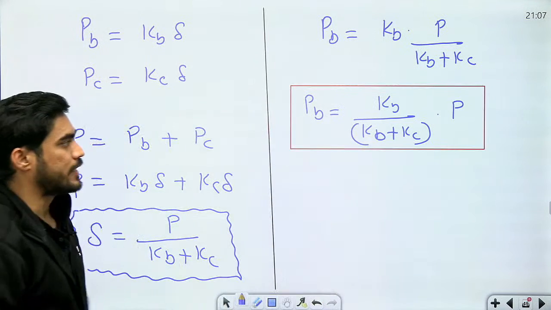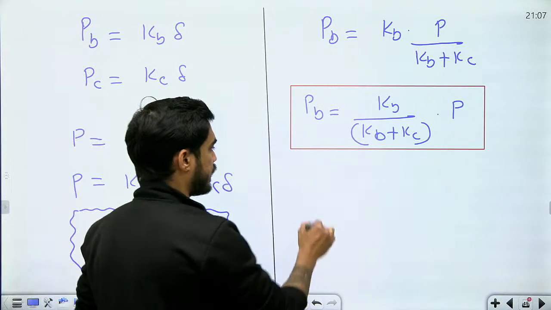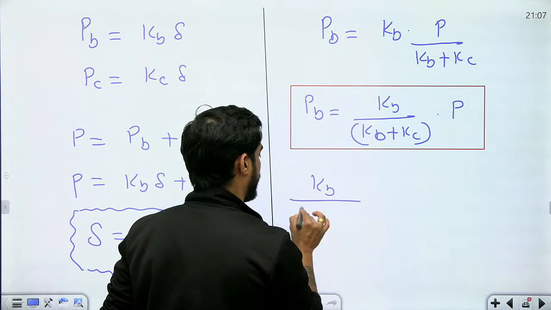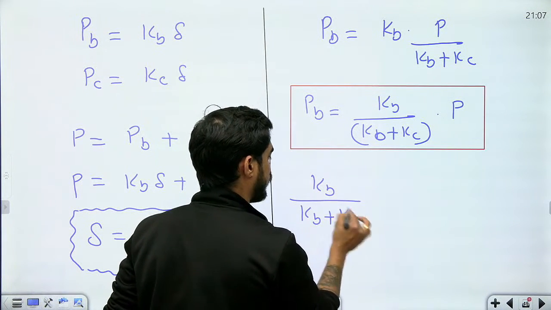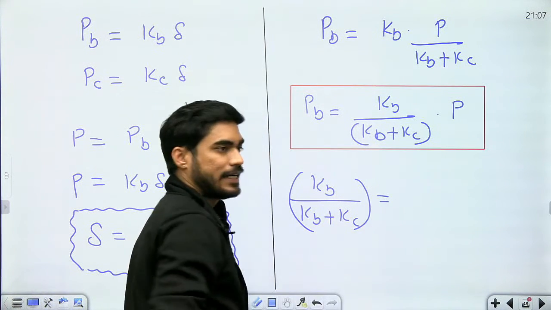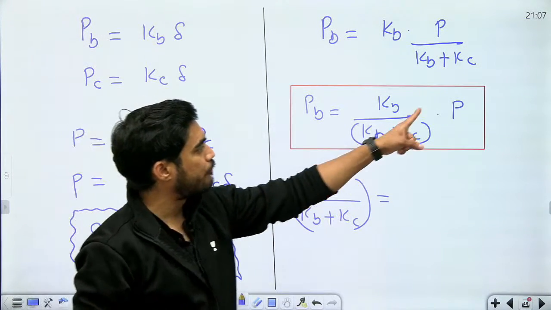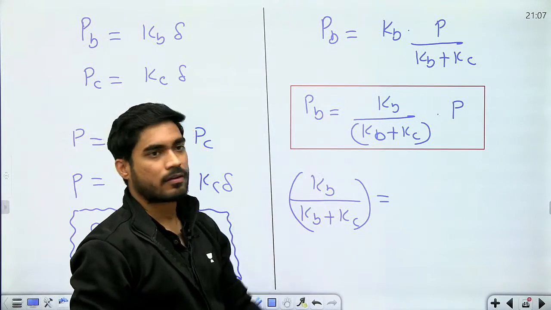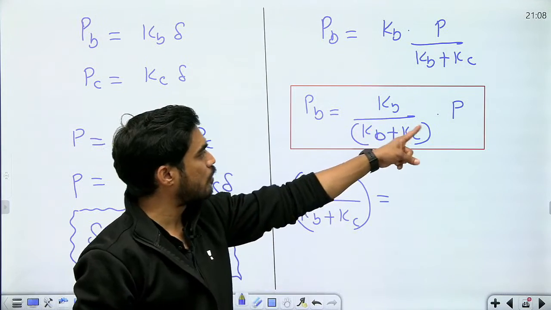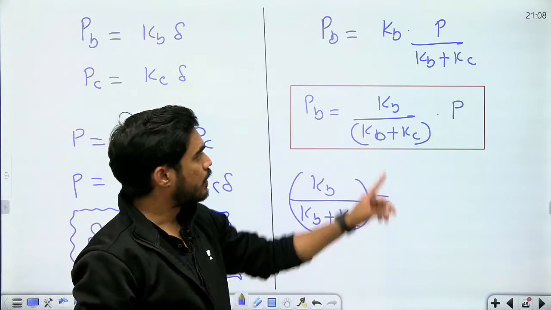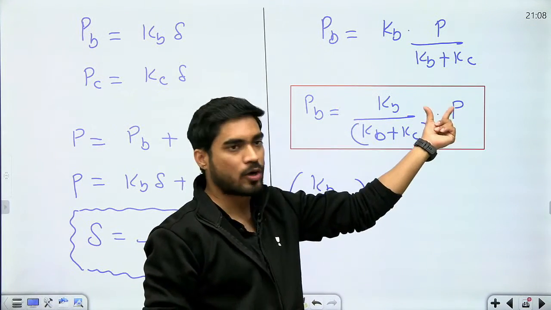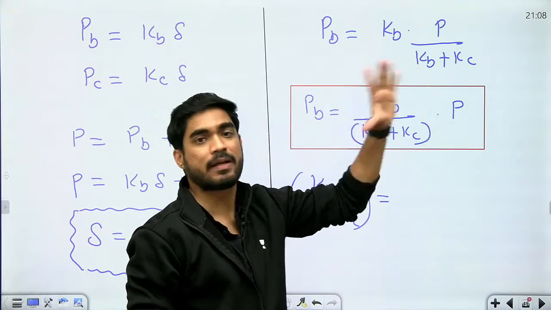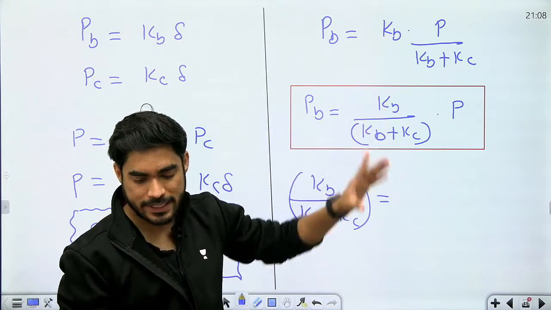Now in this equation, this kb upon kb plus kc, this value will decide how much force out of P will go into Pb. How much force out of P will go into the bolt. इतने फोर्स में से बोल्ट में कितना फोर्स जाएगा वो कौन डिसाइड करेगा?